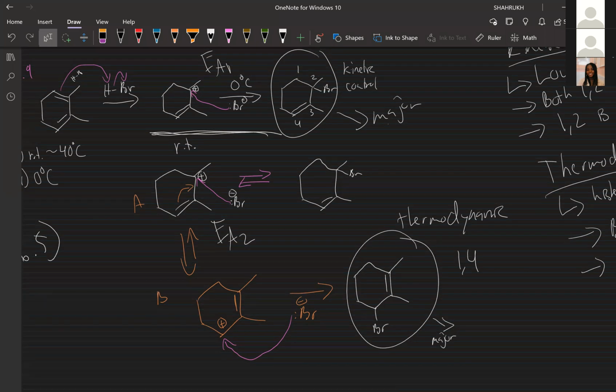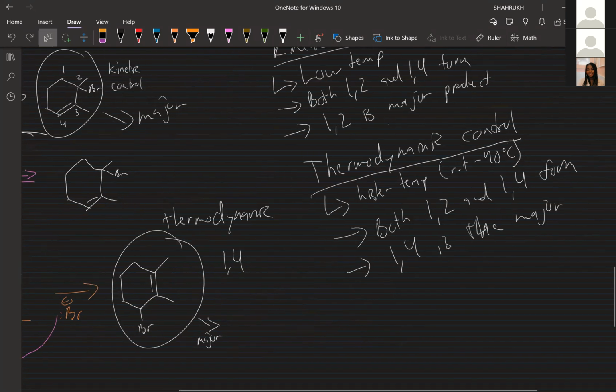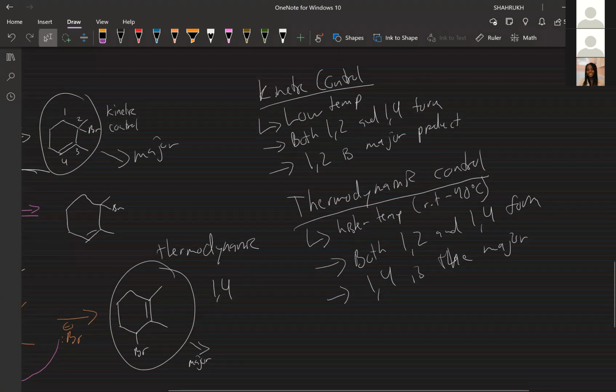It's just one dominates over the other. So 16.5 in your textbook is a little portion that explains this with diagrams. But as I said, under kinetic control, you're at lower temperature, both products form, but the 1,2 is the major. Thermodynamic control, higher temperatures, both of them form, 1,4 is the major.